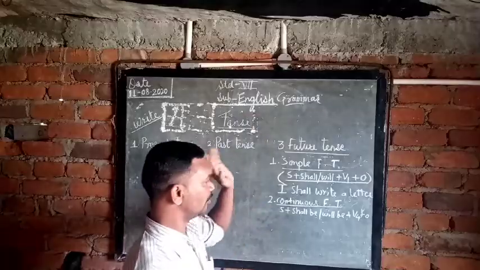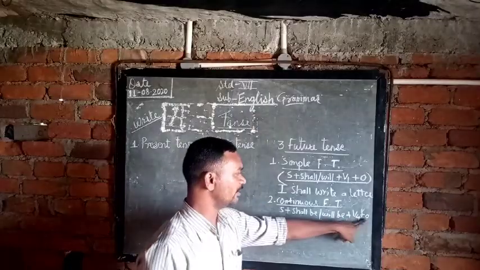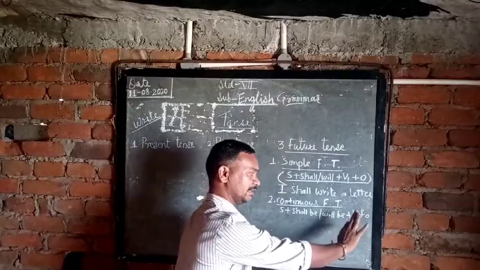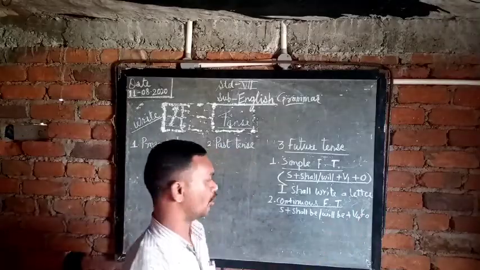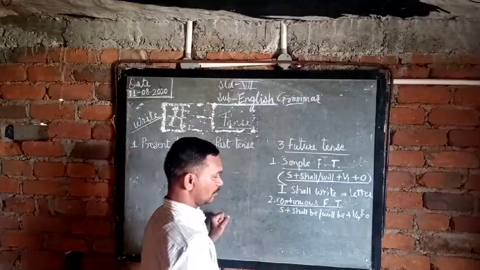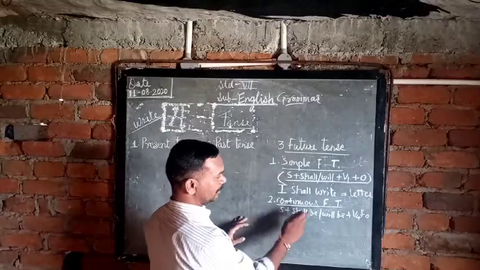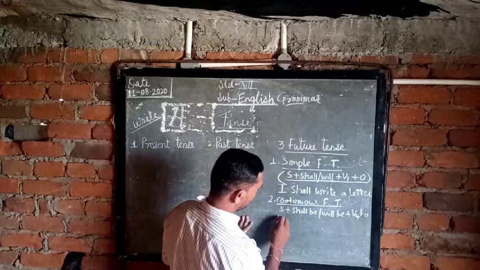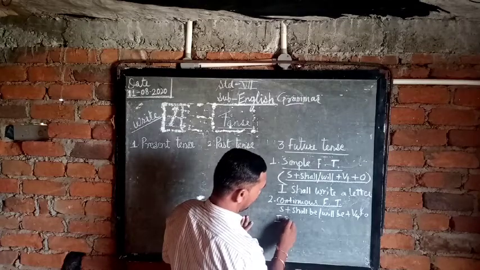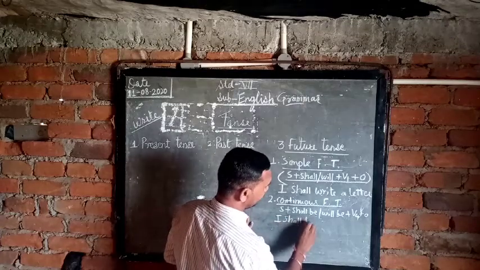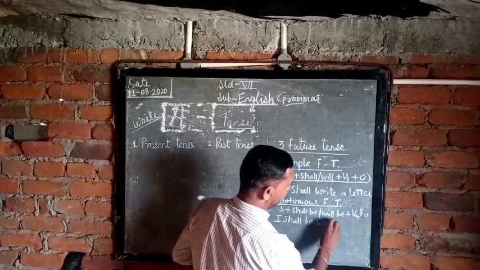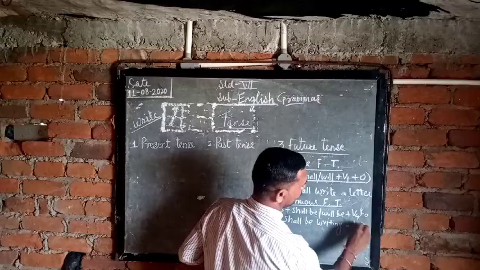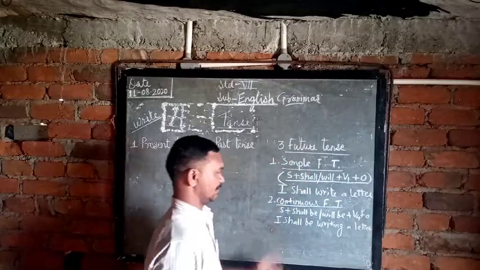In the remaining video, sir does not write the object, but you people understand that there is also an object. So the sentence of continuous future tense is: I shall be writing a letter.